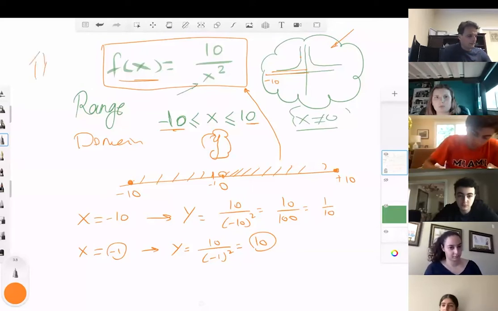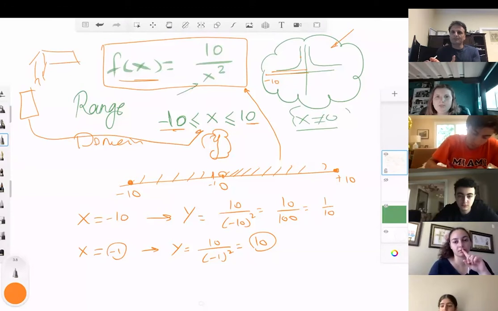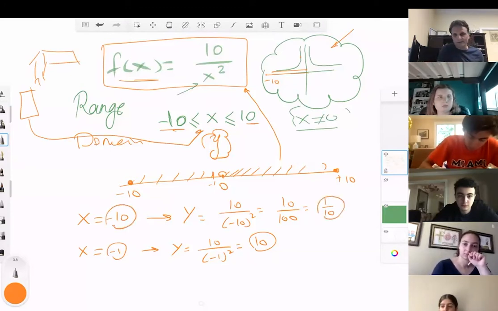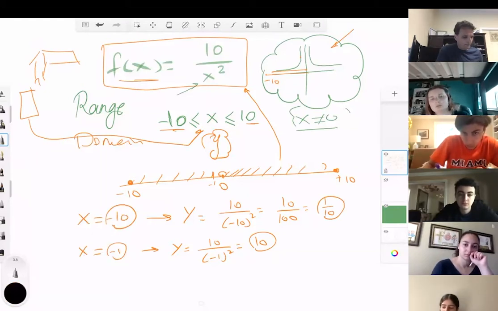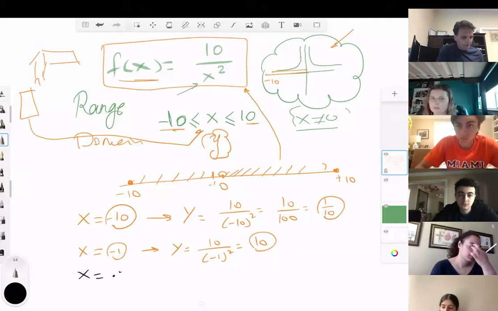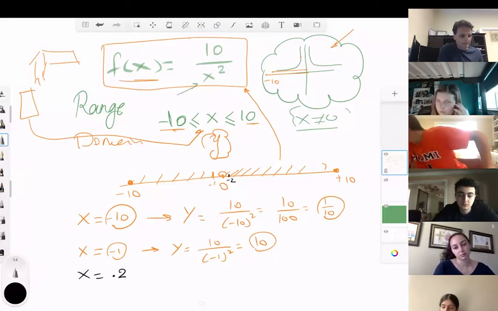So if you assume this is a factory and all the inputs are between negative 10 and 10, what are the outputs? I plug in negative 10, I got 1 over 10. If I put x equal to like 0.2, what do you think the value of y will be?